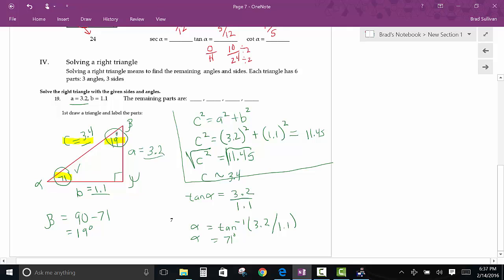Now, one of the things I want to show you also on here that's kind of a worthwhile thing to do, which we'll get into a little bit later in the semester, is that you can formulate ratios like this. We call this the law of sines, which we'll learn at the end of the semester.